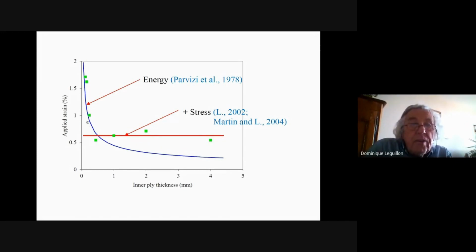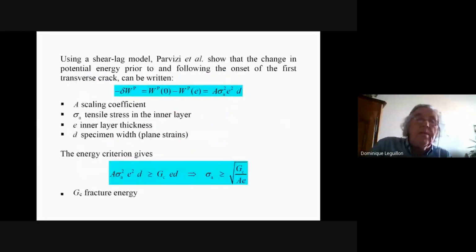So you have to increase the load to have enough energy. This part is governed by the energy. Now, if it is very thick, it's different. First, you have enough energy to trigger the crack, but the tensile stress is not large enough, and then you have to increase up to the tensile strength to trigger the crack. So this is our idea.